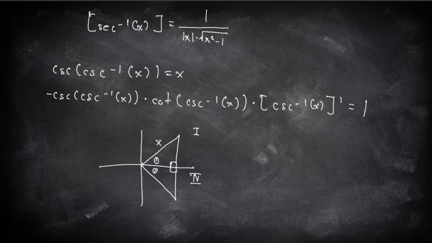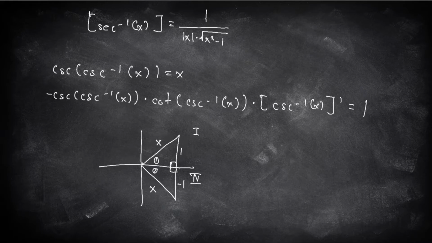So the hypotenuse is x and our opposite is going to be 1. In this case it is going to be negative 1. So that gives us our positive x and our negative x, because x divided by negative 1 is negative, and x divided by 1 is positive. So it's going to give us both cases, if x is positive or negative.